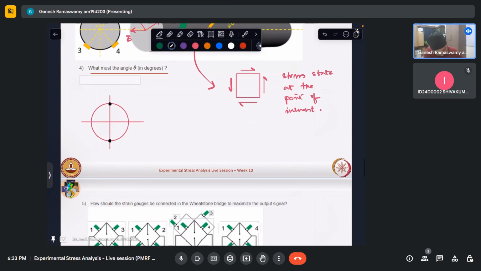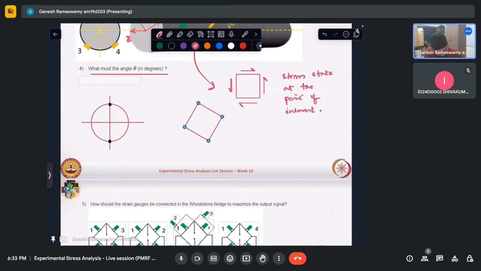So, if I were to rotate this, or rather, let me not take it like that.